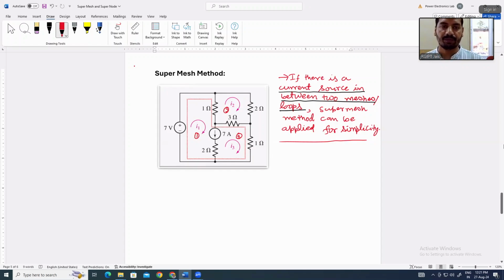So this is a case of the super mesh method. Okay, this is a case of super mesh.